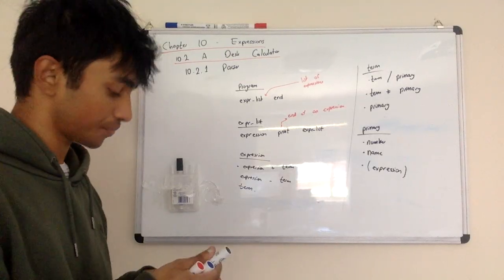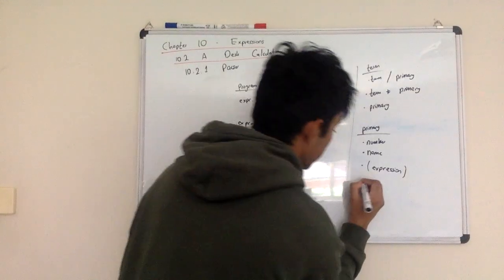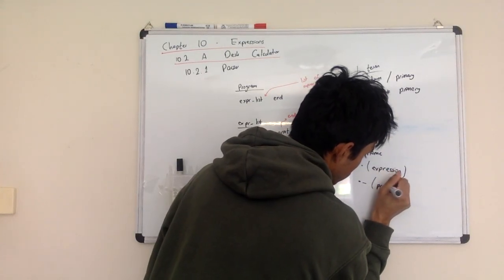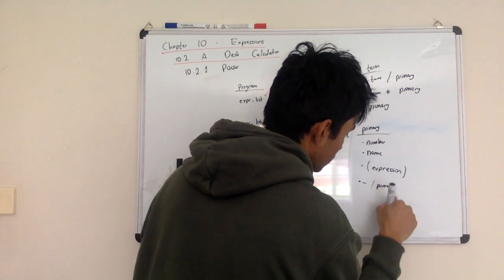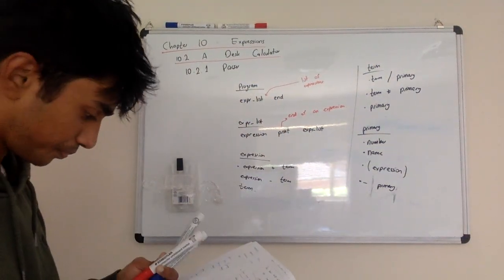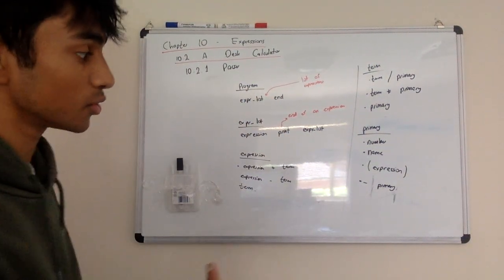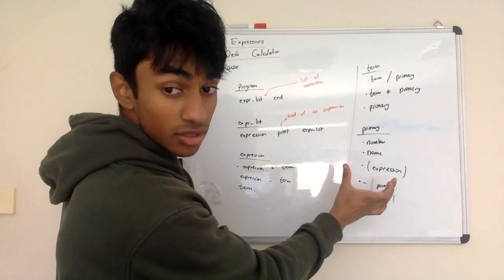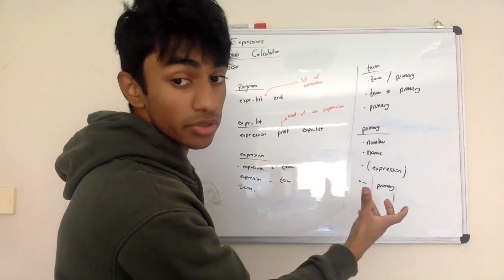And the last thing is a negative primary. So anything with a negative at the front, and then a primary. So whether it's a negative number, a negative name, a negative expression in brackets, right? Those are also considered primaries.